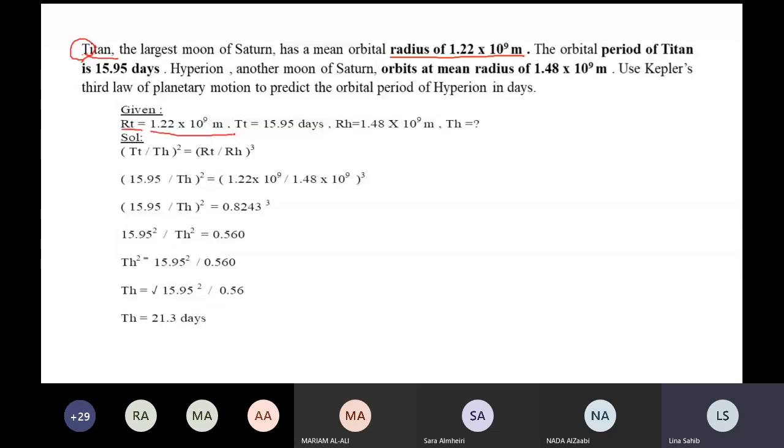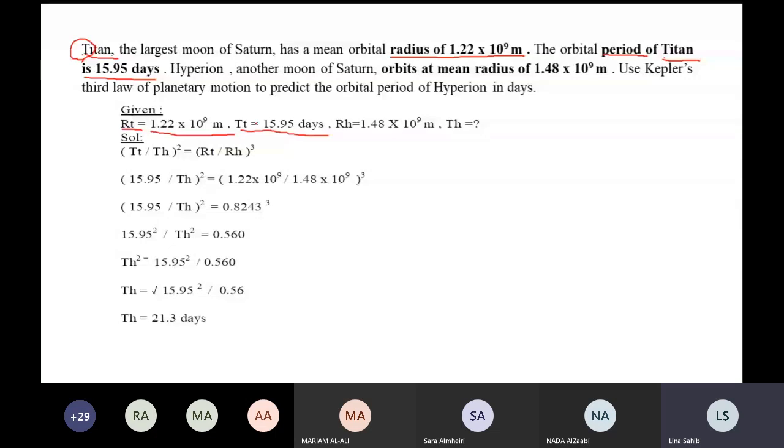Go to the question again. The orbital period: he gave me the time for Titan, the second piece of information, which is 15.95 days. So in the given, you write it as T for period and small t for Titan.